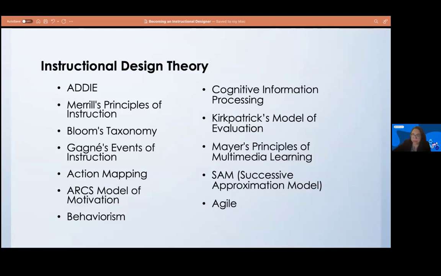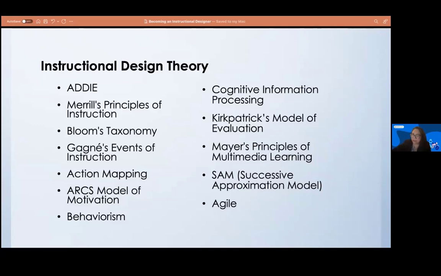Action mapping is intended for use in the business world and has 4 steps, which are identify business goals, identify what people need to do, design practice activities, and identify what people need to know.